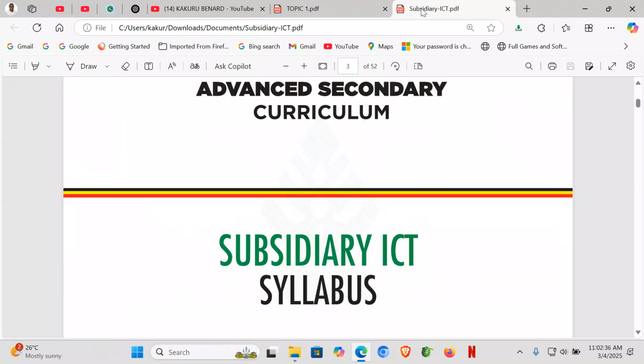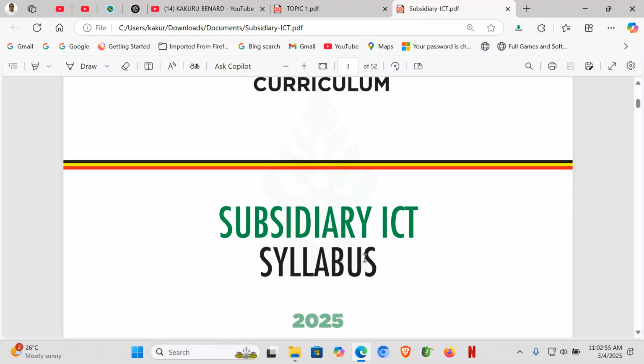When it comes to the syllabus book that was released by NCDC, which reads Advanced Secondary Curriculum, Subsidiary ICT Syllabus, every teacher of ICT must get time and read through the entire syllabus book.